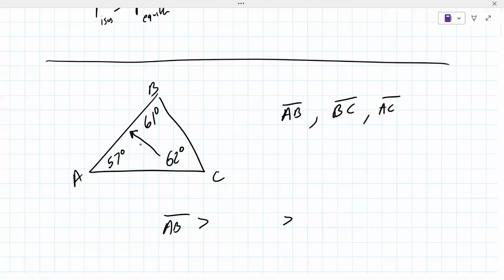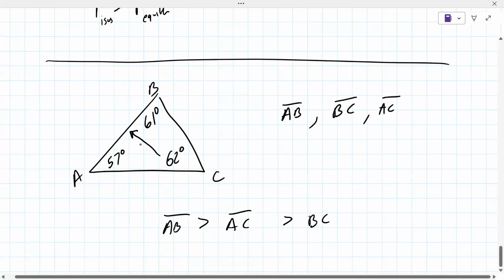Or you can give me the smallest. AC is the second smallest, the one right in the middle, and then BC is the smallest. Yes.